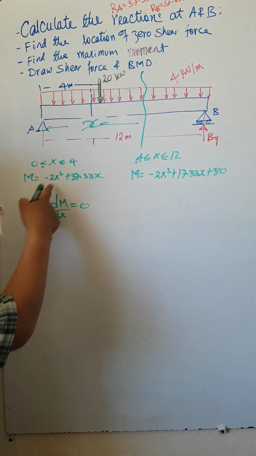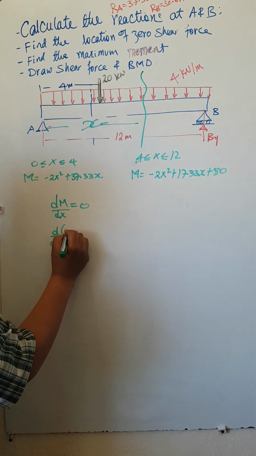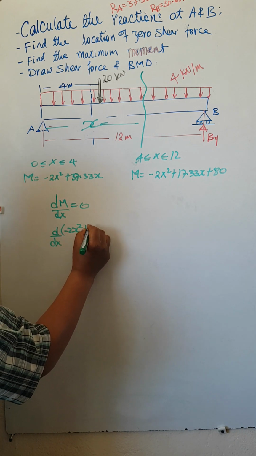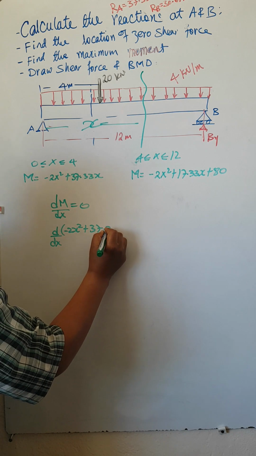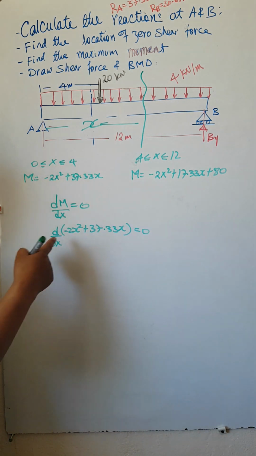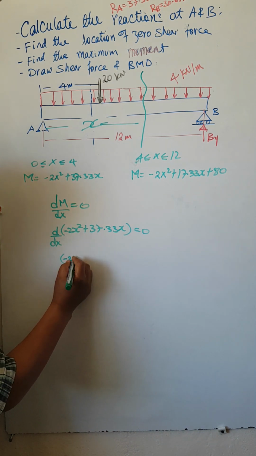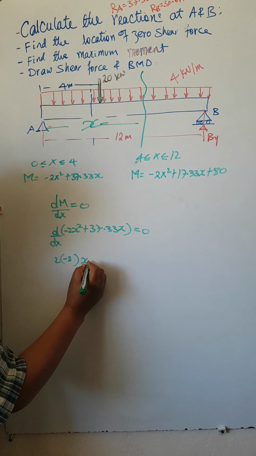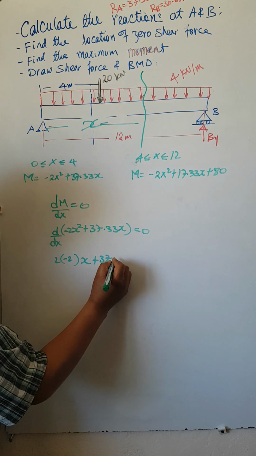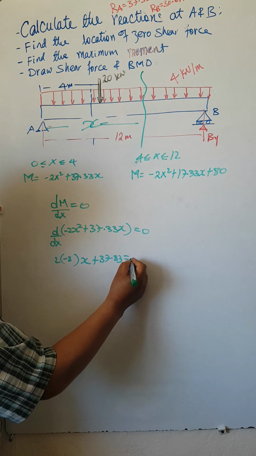If we differentiate this, d/dx of negative 2x squared plus 37.33x is equal to 0. Differentiating, this is negative 2 times 2 then x, plus 37.33, since the x becomes 1, is equal to 0.